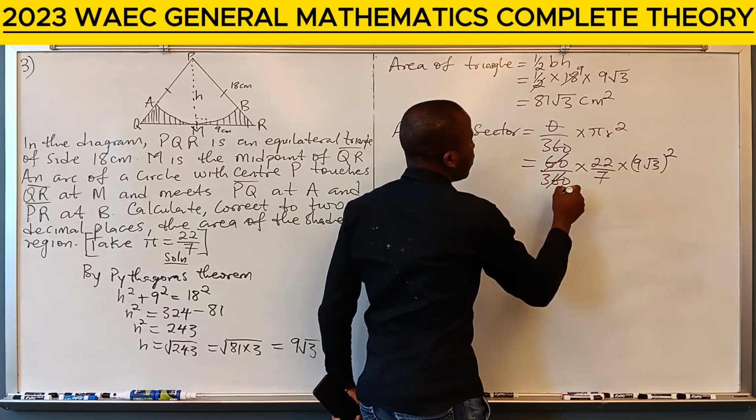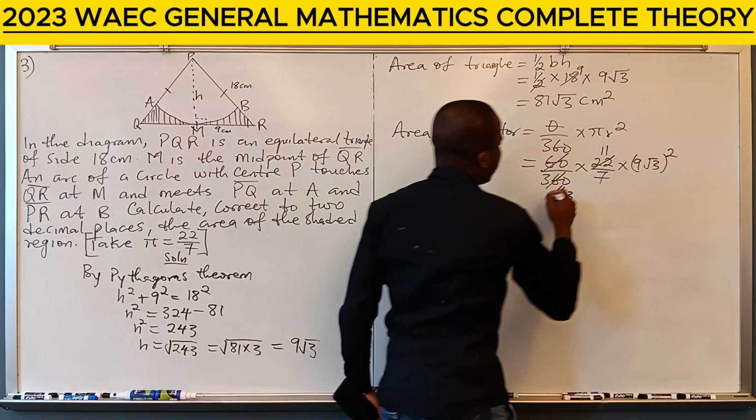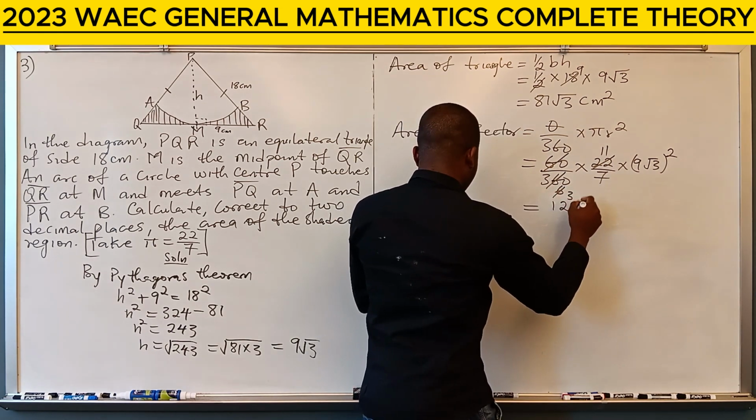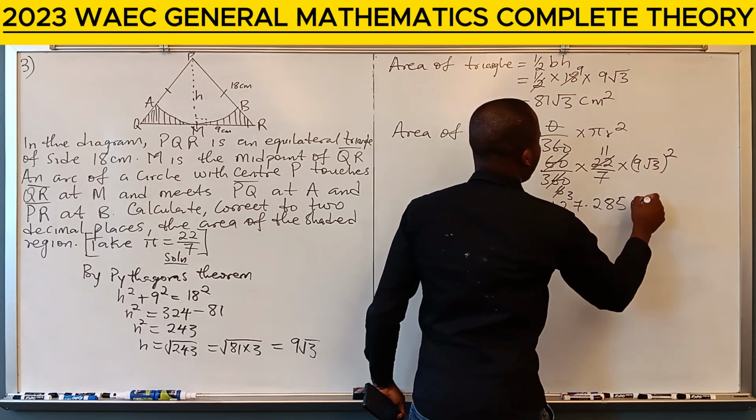60 can go here 6 times, 2 can go here 3, 2 can go here 11, and so the product will be 127.285 centimeter square.